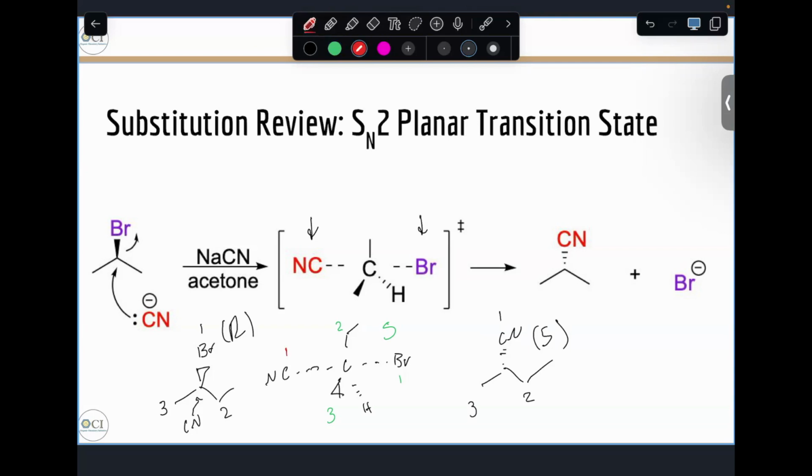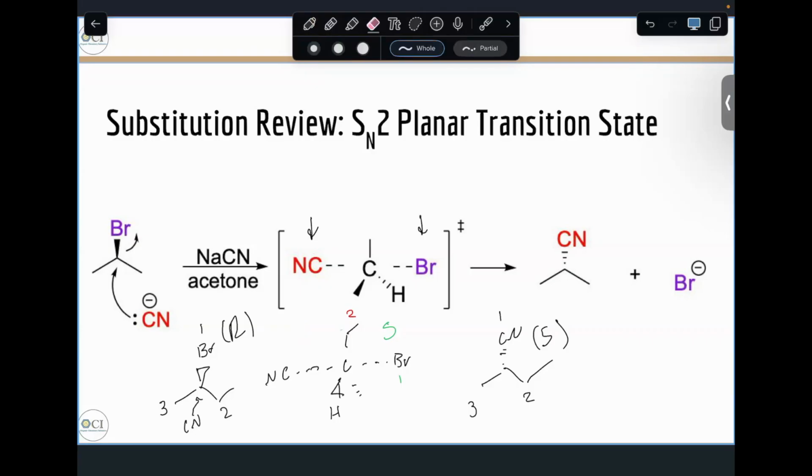1, 2, 3, which would be R. So we know that that's incorrect. We need to flip some of these things around. And the easiest way you can do that is just flip these bottom two. So we put the hydrogen here, and we have our methyl there.